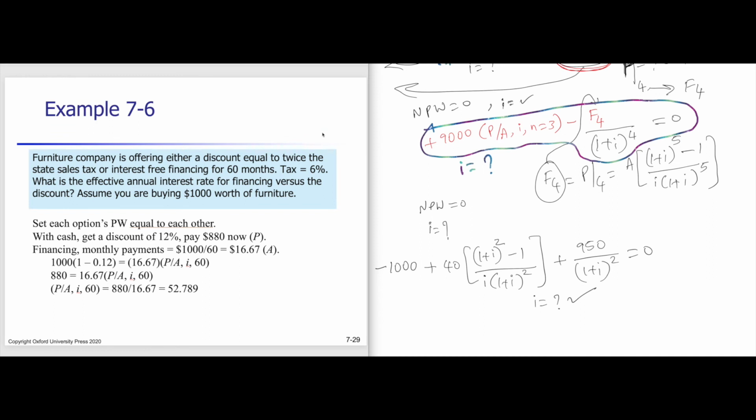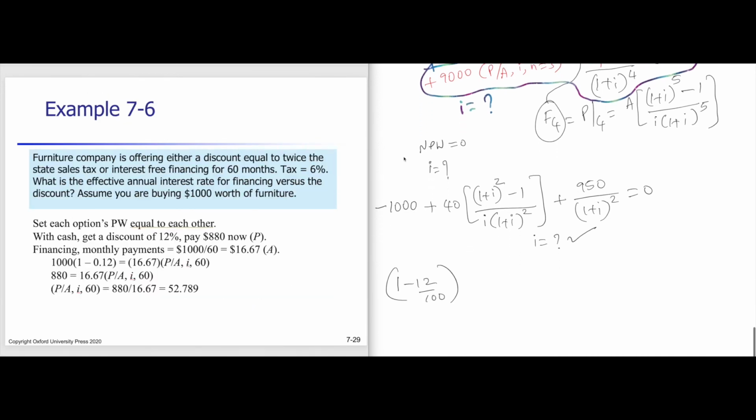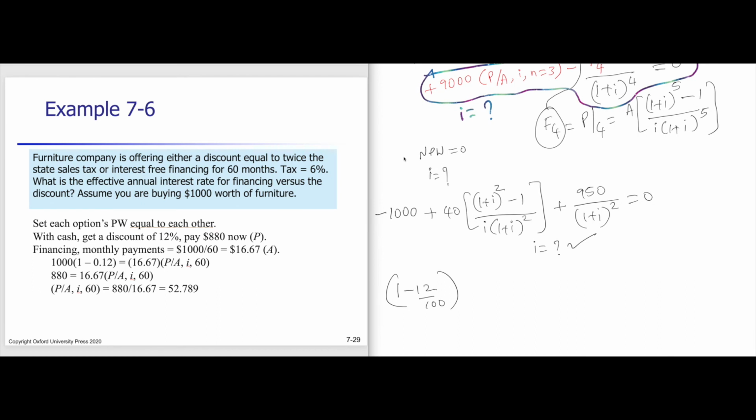So let's say we have 12% off. So 1 minus 12% times 1,000. This is what we need to pay if we're paying in full. Or we can have the financing option, one or the other.